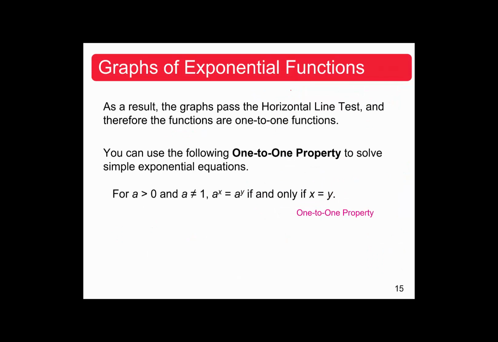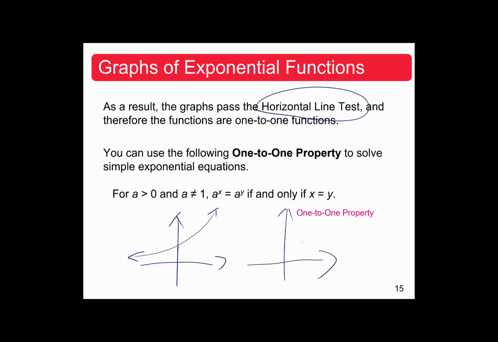And the graph passes the horizontal line test, meaning if you draw a horizontal line on either the growth model or the decay model, we will only have one intercept.